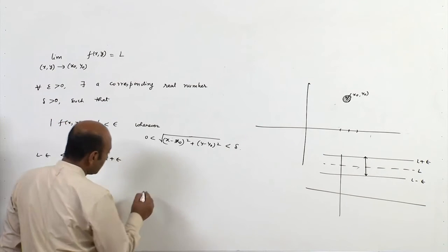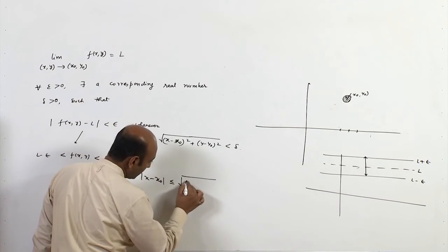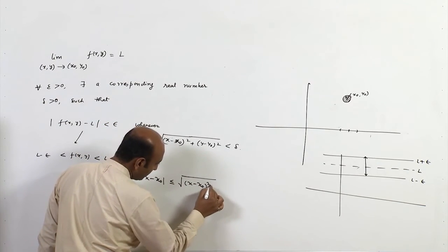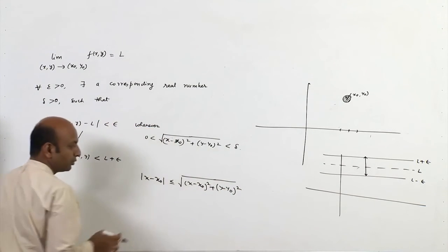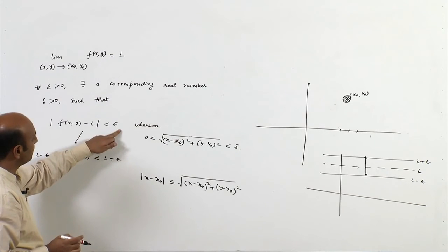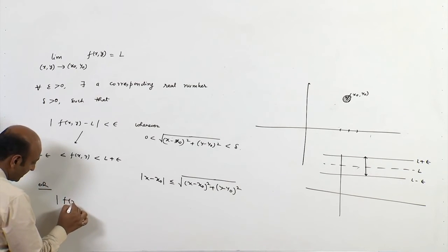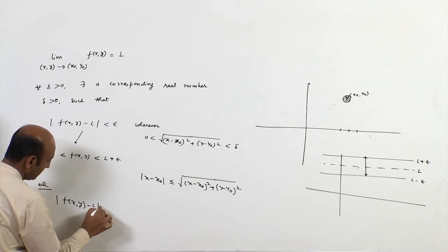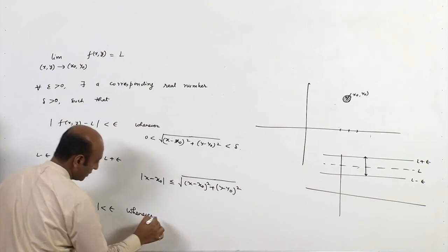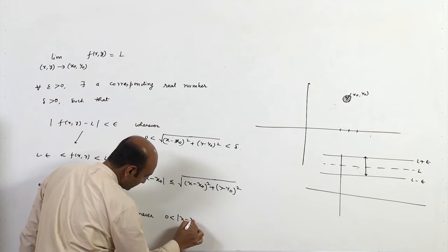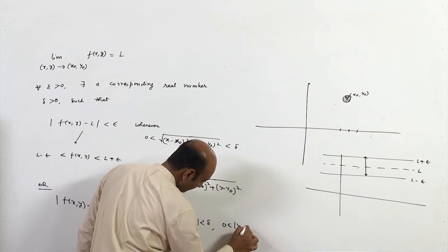Now, since mod of x minus x naught is always less than or equal to under root (x minus x naught) whole square plus (y minus y naught) whole square, because this is always true, this definition can also be written as mod f(x, y) minus L less than epsilon whenever 0 is less than mod x minus x naught less than delta and 0 is less than mod y minus y naught less than delta.